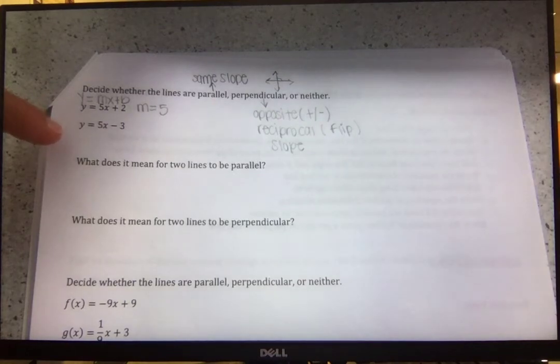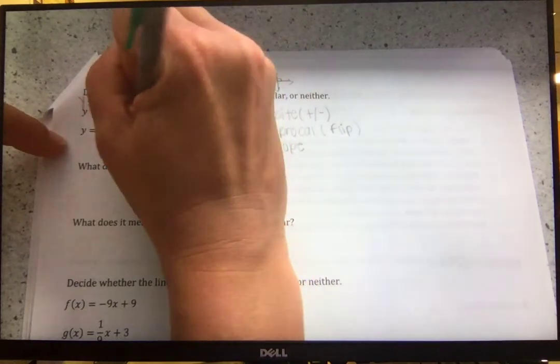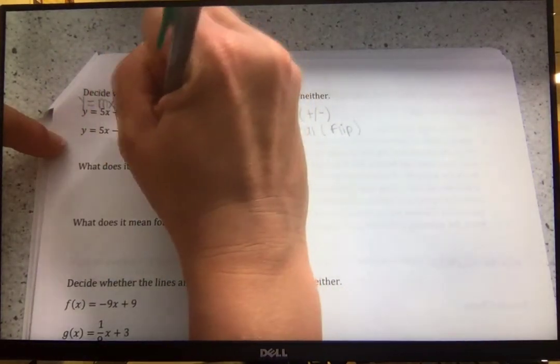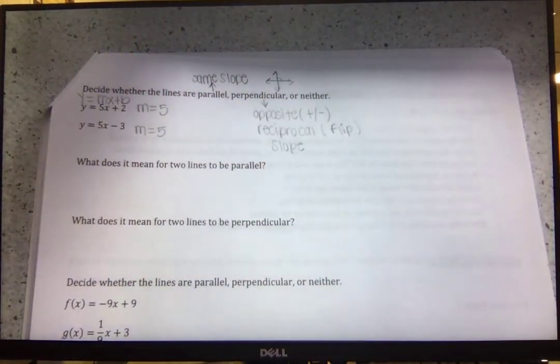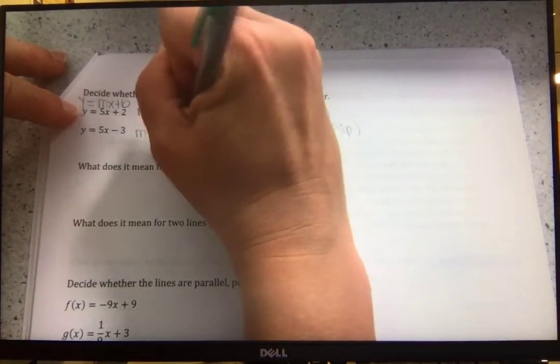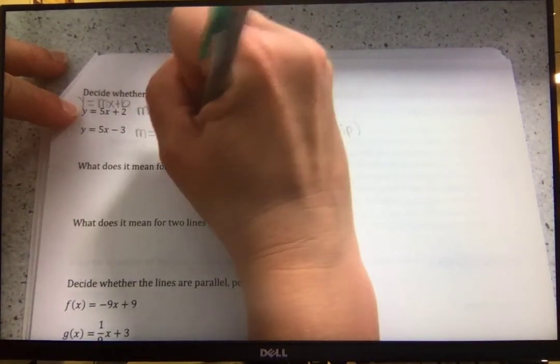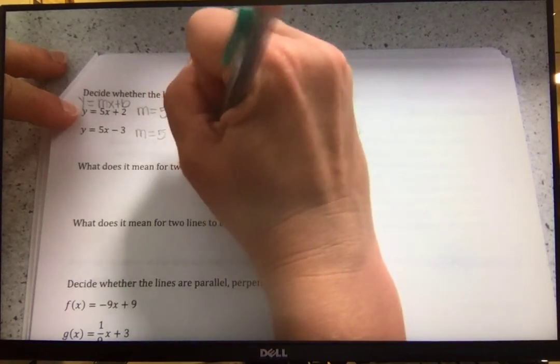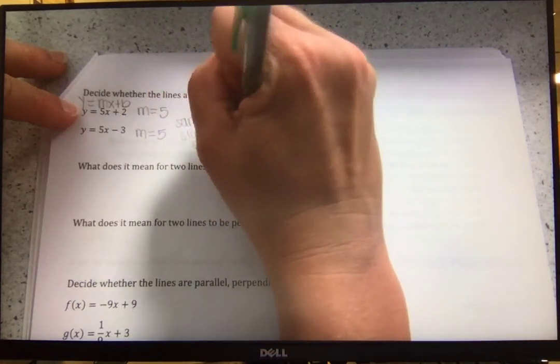So what does it mean for two lines to be parallel? They have the same slope. What does it mean for two lines to be perpendicular? We already talked about it. They cross at a 90-degree angle. So we know they're going to have opposite signs. One's positive, one's negative.